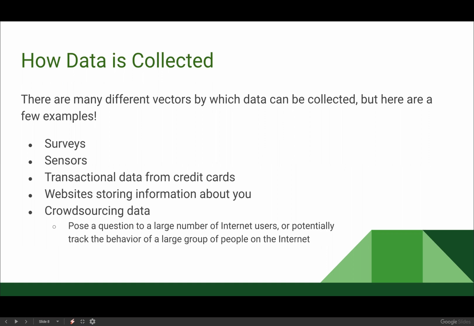We can also track the behavior of a large group of people. If we see lots of people tweeting about a specific event in a specific location, we can be pretty sure some kind of event is happening in that place. If people are talking about an earthquake in Venezuela, there was probably recently an earthquake in Venezuela. We can keep track of things like that just by seeing how people are interacting on the internet.